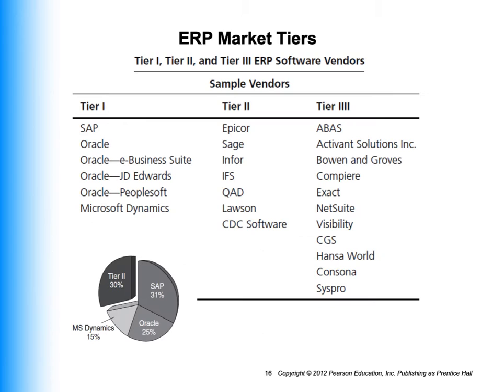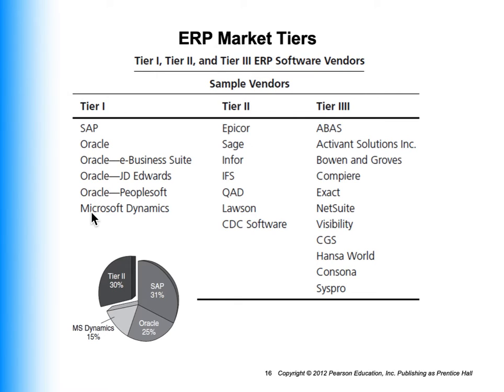So next, take a look at the players for SAP or companies that supply ERP. We have here tier 1, tier 2, and tier 3. Tier 1 consists of SAP, Oracle, and Microsoft Dynamics. These are basically the major players.